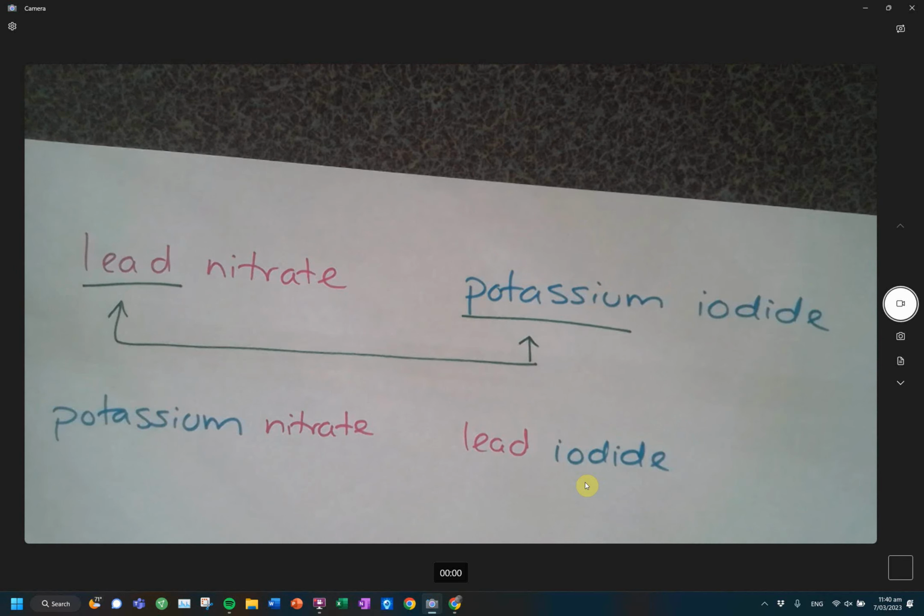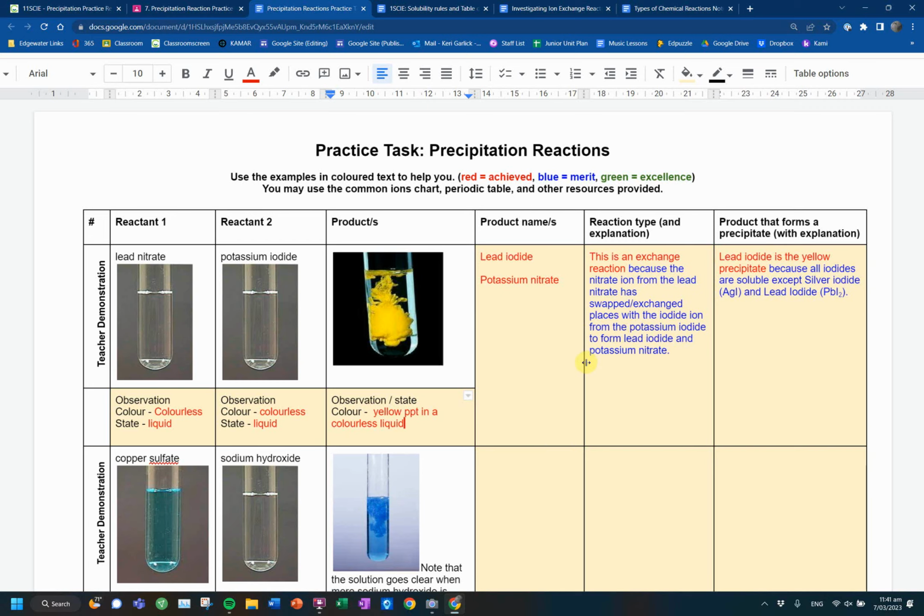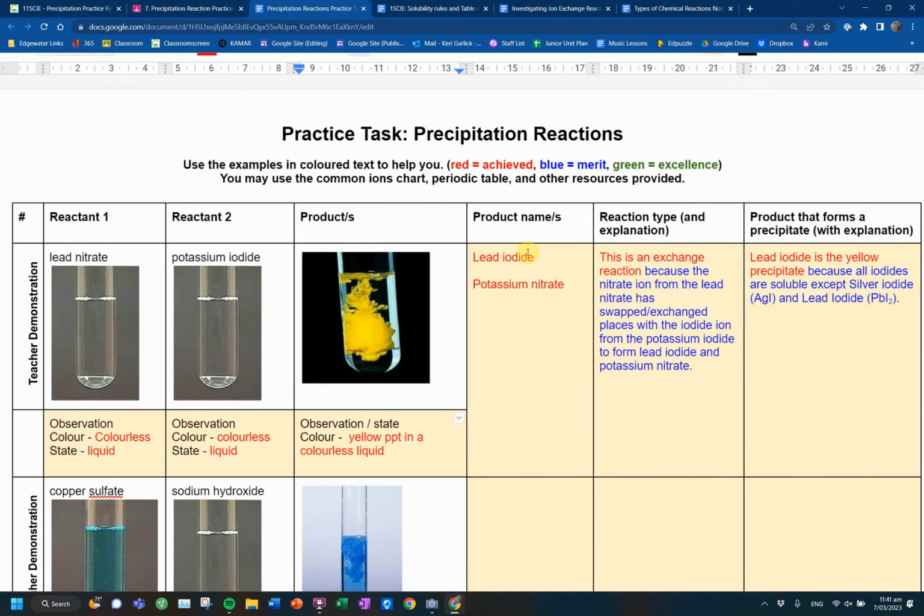All right. Cool. So that's where I've written my two products.